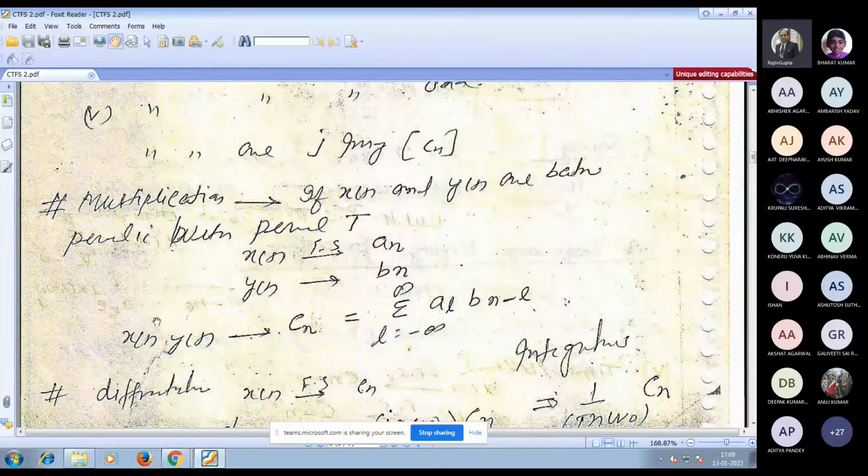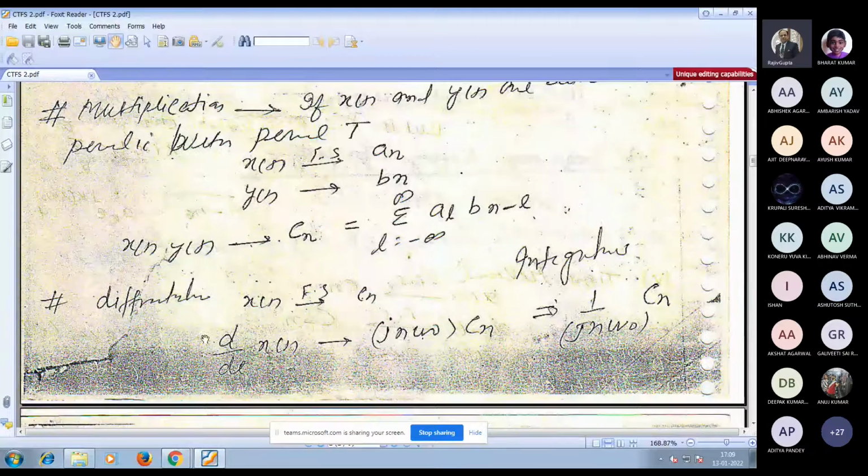If you multiply these two signals in the time domain, xt and yt, the product has a new Fourier series coefficient, C of n, which can be found by the summation over L equals minus infinity to infinity of AL Bn minus L. Regarding this, we will do some numerical problems also.